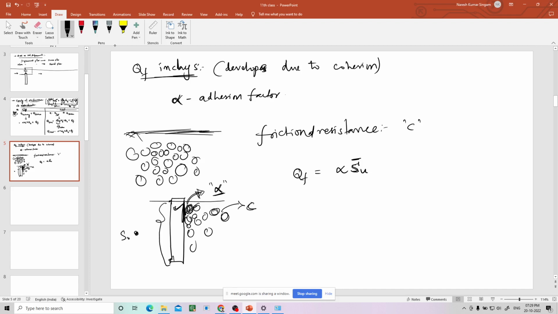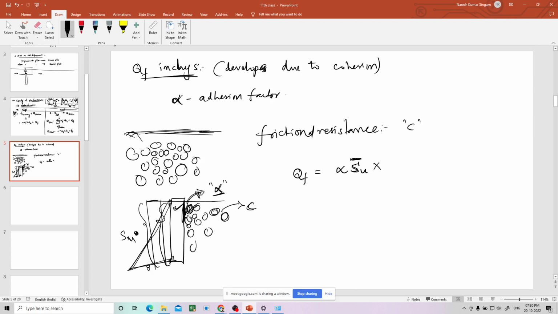Sometimes Su can be increasing linearly with the depth, sometimes it may be uniform. If it is uniform, the average value will be the value at any point. But if it is increasing linearly, you have to take the average between the top and bottom so that you will get the average value of Su. So the bar will show the average value. Alpha into Su will be the frictional resistance.